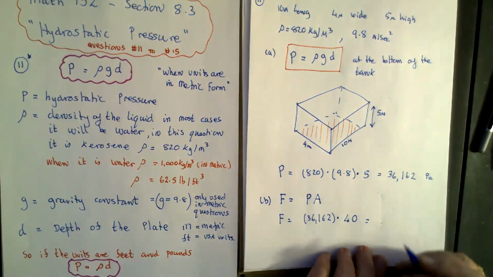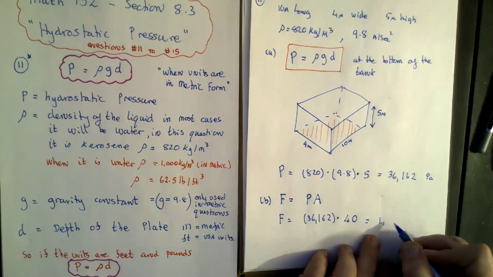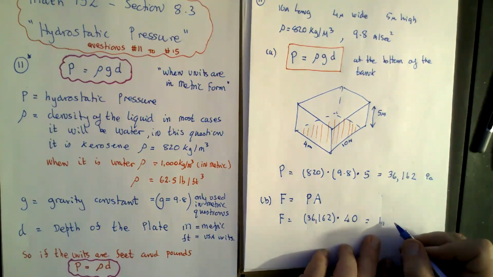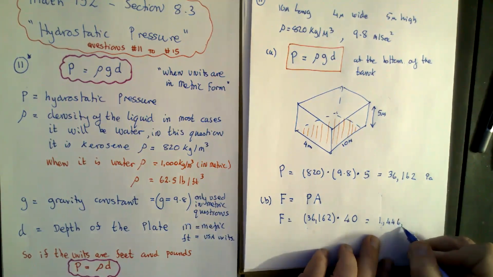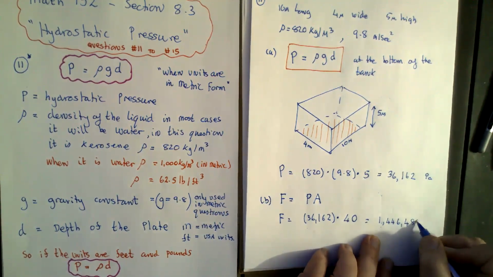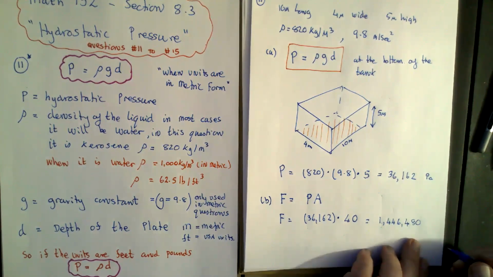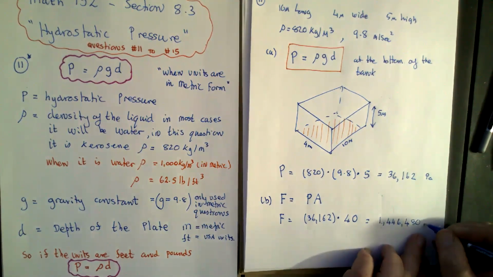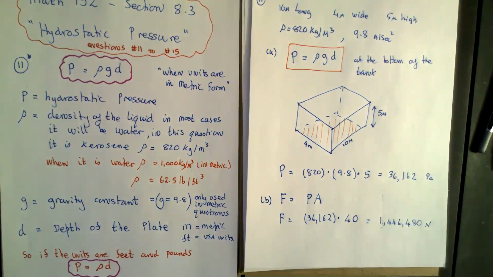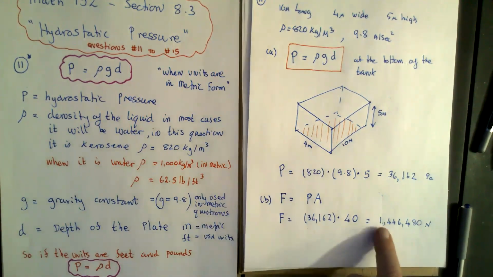And that calculation is 1,446,480. The units in this case, I believe, are newtons. So on that plate, there's over 1.4 million newtons of force. That's a lot of force.